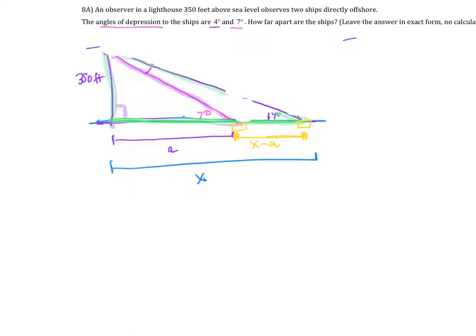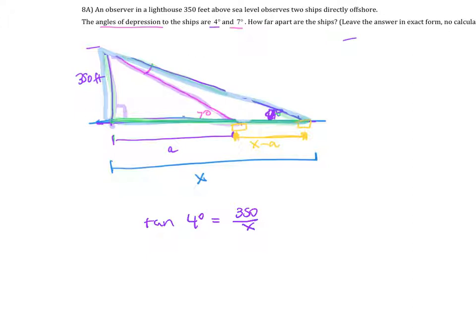So let's write some trig ratios. We have so far 4 degrees. What ratio can we write? Well, tangent of 4 degrees equals 350, opposite over adjacent, and that is our x, because we're looking at the very big triangle right here. That's our first ratio.